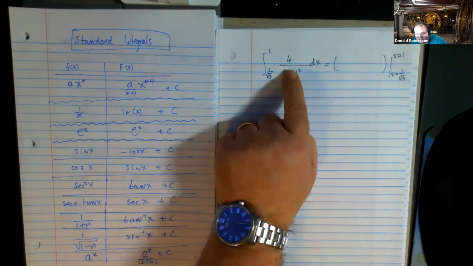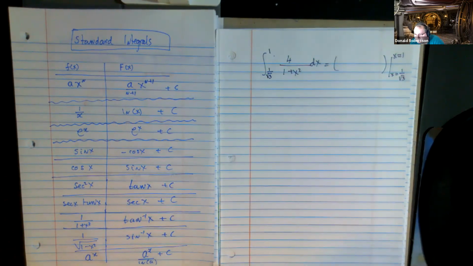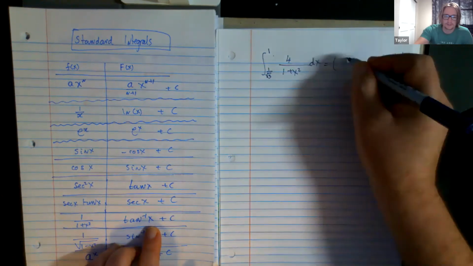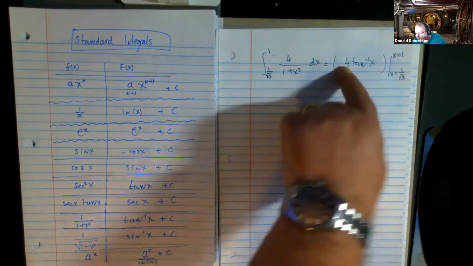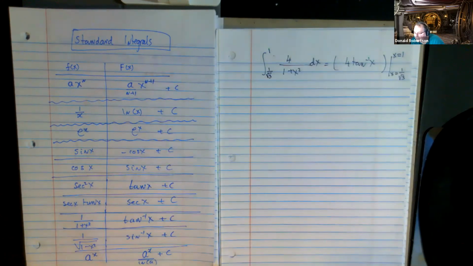What is the antiderivative of 4 over 1 plus x squared? So this is an inverse tan. Doesn't the 4 just mean you get 4 of them? You know, if that was 10, you get 10 of them, right? That's all the 4 does. So that's the first problem.